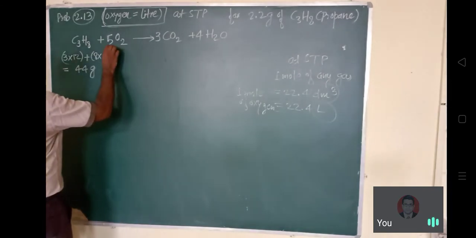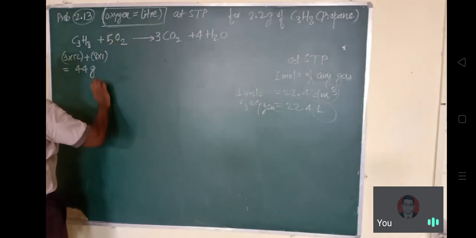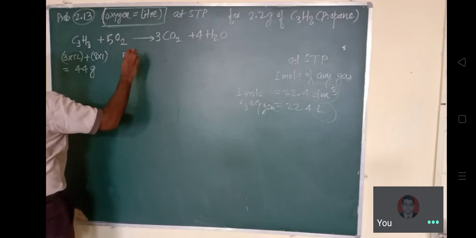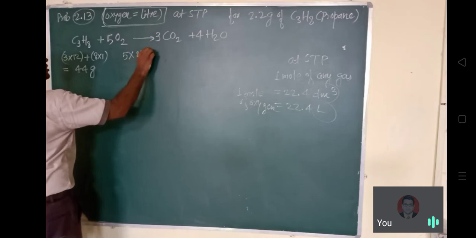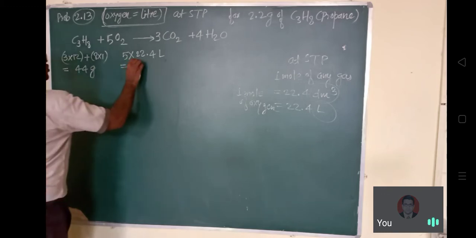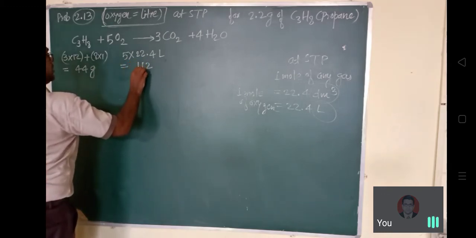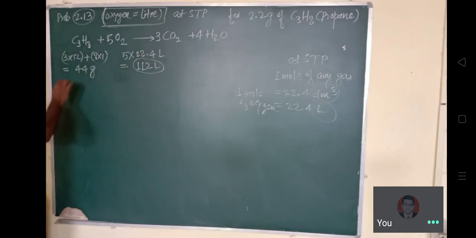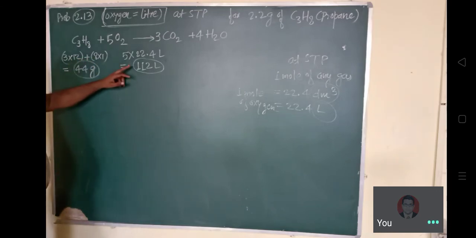So 5 moles of oxygen is present here. We'll write it as 5 multiplied by 22.4 liters for 1 mole of oxygen. So the total volume in terms of liters is 112 liters. This is the total volume of oxygen in liters.